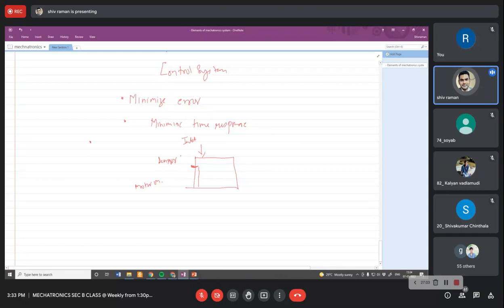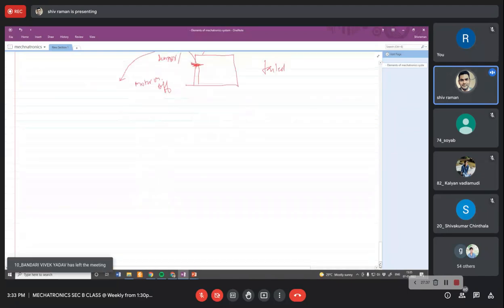The work of the sensor or control system is that it will immediately detect this level and immediately transfer the signal to the motor so that it can be switched off. This time of response should be quick. If you have a delay or lag in this time of response, your purpose won't be solved, and it will be a failed system. So this is the main highlighting role of a control system, that is to minimize the error between input and output signal, and to minimize the time of response.